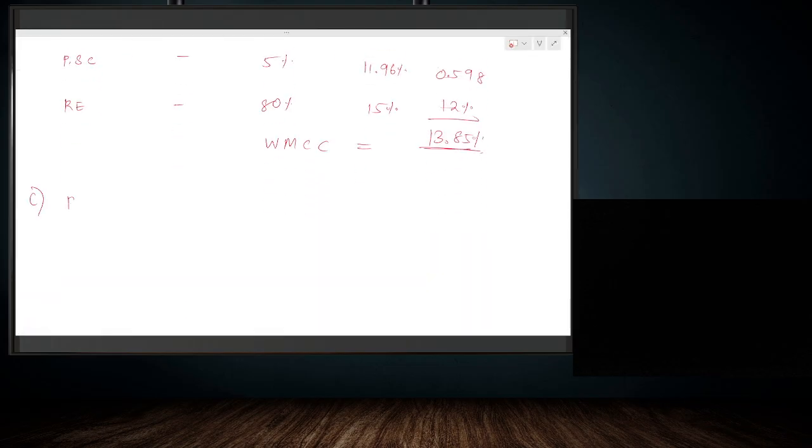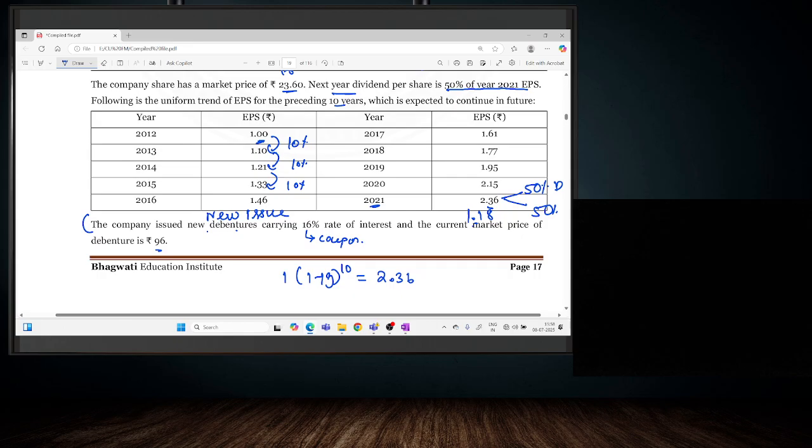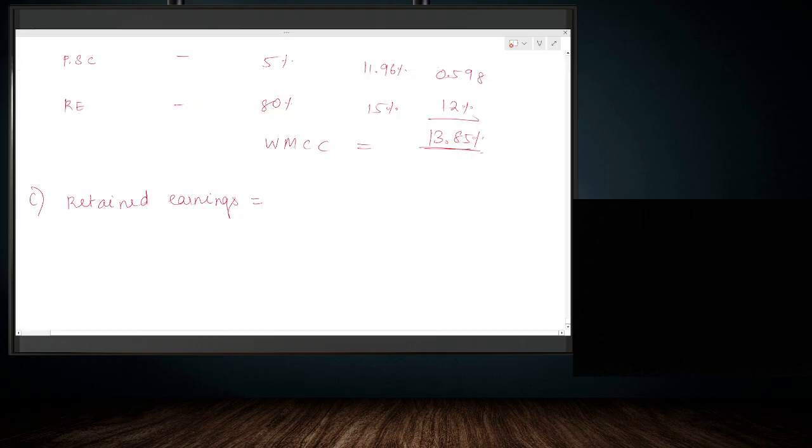So, requirement C: first calculate the amount of retained earnings. What is the amount of retained earnings per share? First, what is the EPS? It is 2.36. Out of this, 50% is paid out as dividend, and the remaining 50% is retained by the company. So what is the retained earnings?